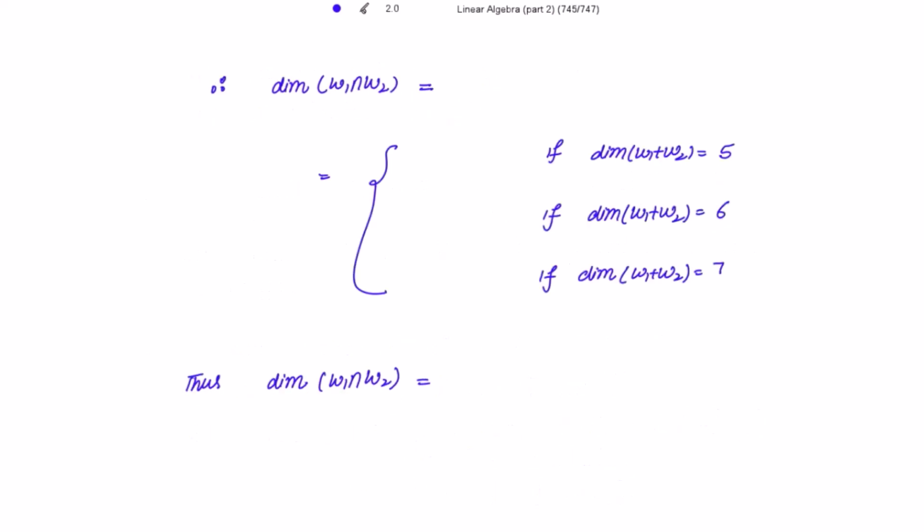So the dimension of their intersection is equal to 9 minus the dimension of their sum, putting this dimension one by one. If this dimension is 5, we get the dimension of the intersection as 9 minus 5, 4. If the dimension is 6, we get 9 minus 6, 3. If the dimension is 7, 9 minus 7 is 2. So the possible dimensions of W1 intersection W2 are 4 or 3 or 2.